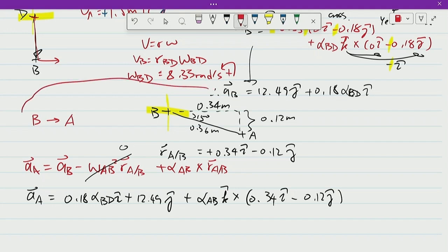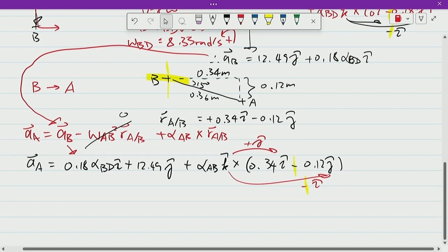Again, our AB comes in here. K cross I is positive J, K cross J is negative I, which cancels out and becomes a positive.